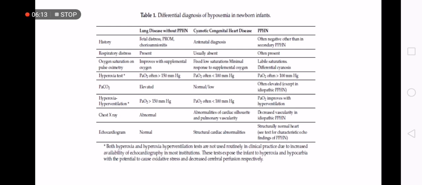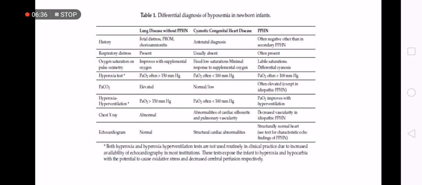The hyperoxia test elevates the PaO2 to more than 100 millimeters mercury. CO2 might be normal or decreased according to the situation of the baby. If there is metabolic acidosis, most probably there is a wash of the CO2.